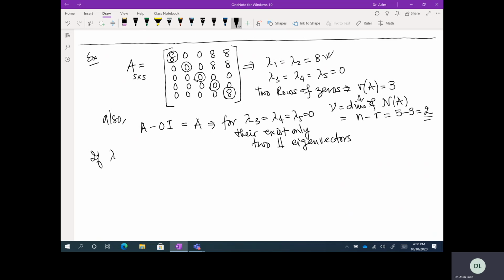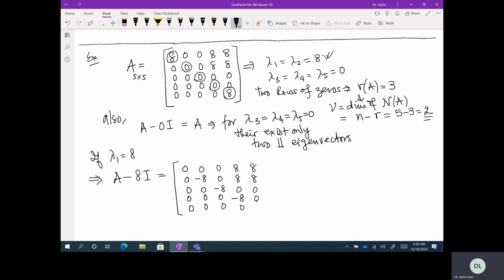So if lambda 1 equals 8, this implies A minus 8i equals, so I subtract 8 from the diagonal: 0, 0, 0, 0, 0, 0 minus 8, 0, 0, 0, 0, 0, minus 8, 0, 0, 8, 8, 0, minus 8, 0, 8, 8, 0, 0, 0.